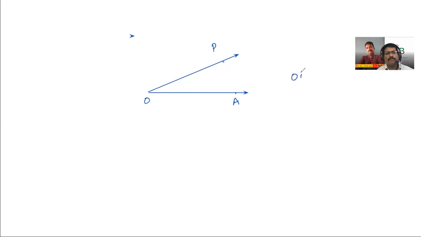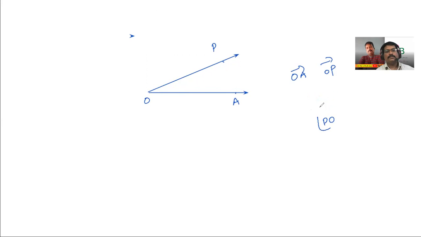OA and OP together combine at O. So when two rays are combined together at one point, or when two rays have an end point O, then we call them an angle OAP.